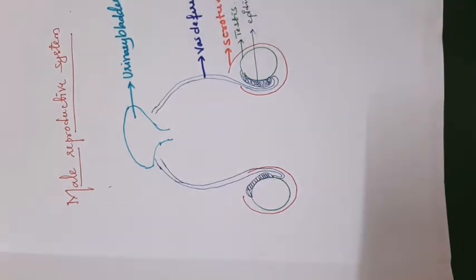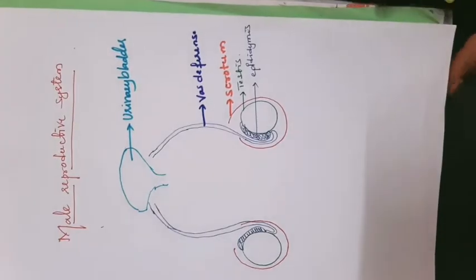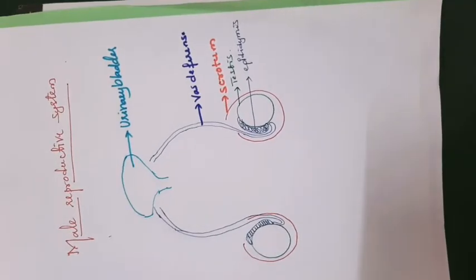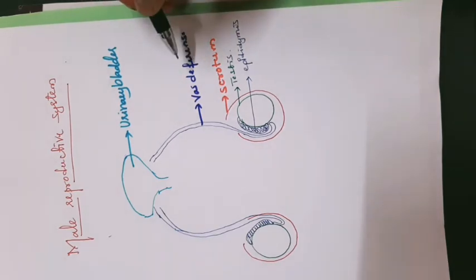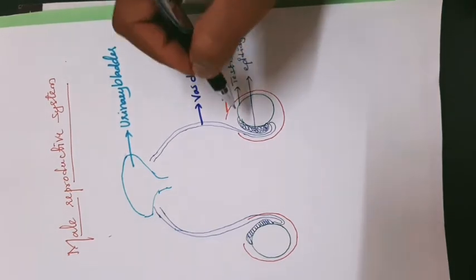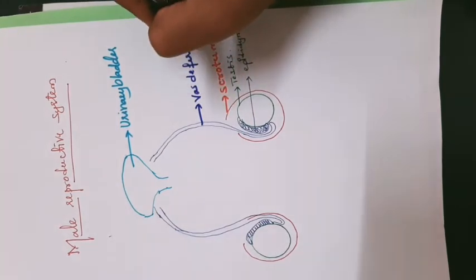Okay, then the male reproductive system is attached with another system, the urinary or excretory system. The tube-like structure which arises from the epididymis is called the vas deferens.